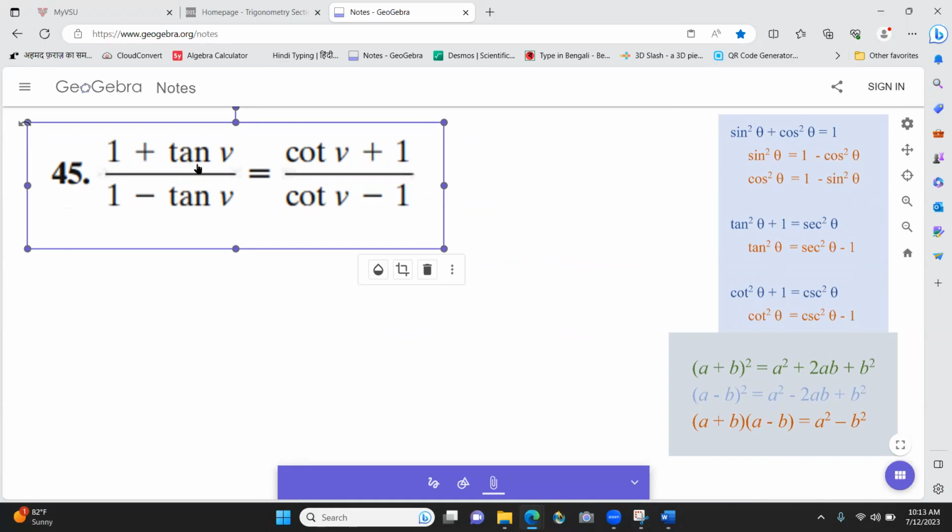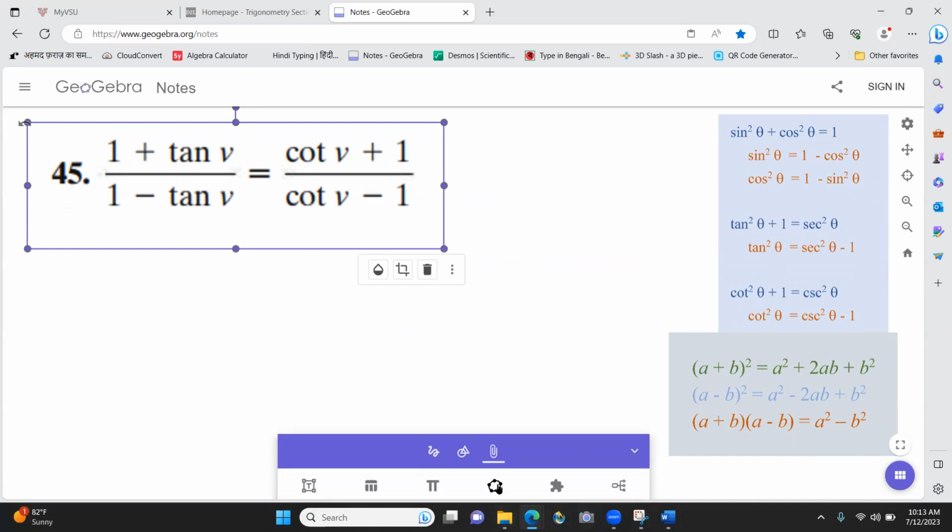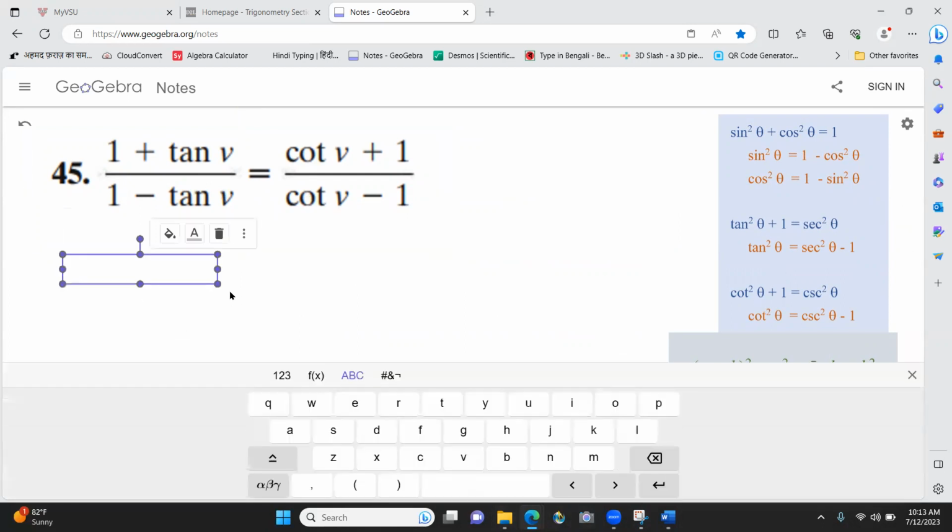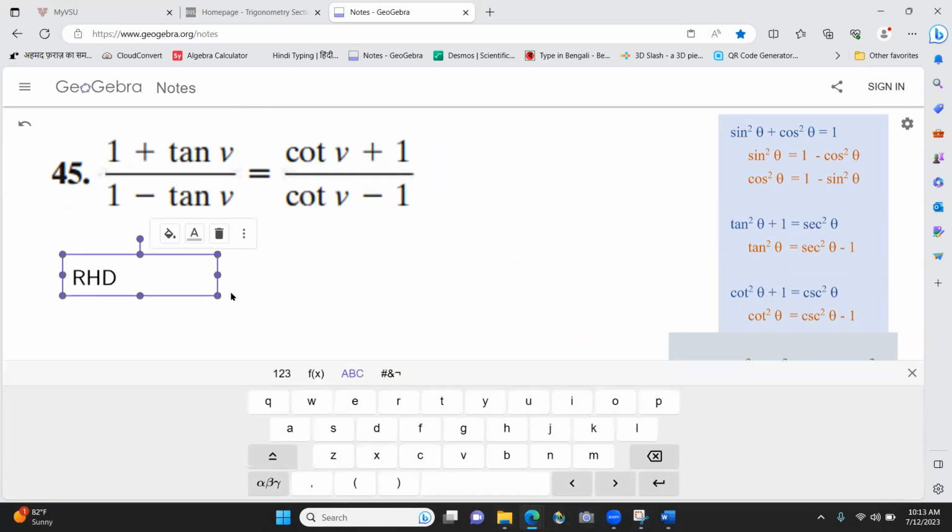Okay. So I'm going to start with the right-hand side. Hopefully, I'll get to the left-hand side. Now, instead of cotangent V, I can write 1 over tan V. Why?